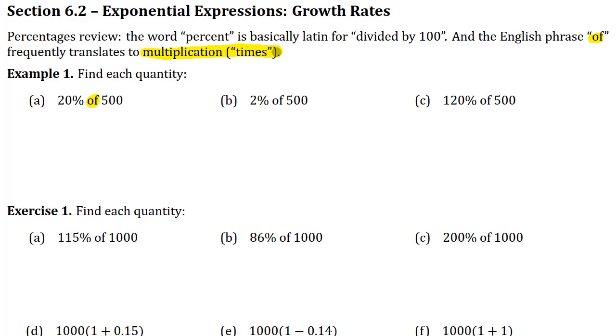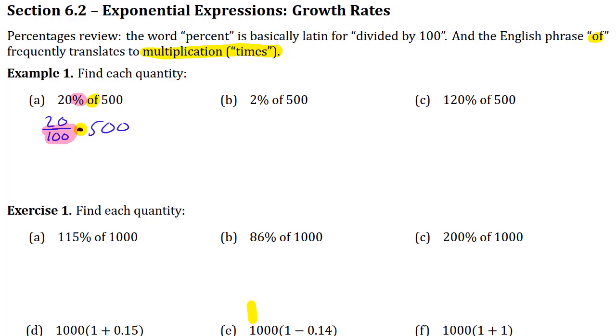So the percent thing, I'm just going to translate as 20 divided by 100 multiplied by 500. So the percent means divided by 100. To divide something by 100, you can just move the decimal place over 2 times. Dividing 20 by 10 would be 2, divided by 10 again, you'd move it over to be 0.2.